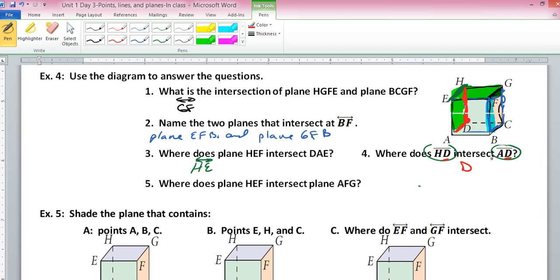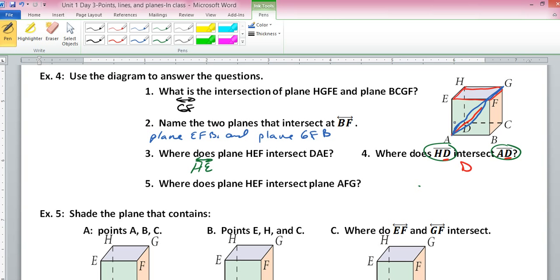And the last one, where does HEF intersect plane AFG? This is where it's a little difficult. If I look at HEF, that's this plane here. But then AFG, and let me do a different color. What you have to understand is it slices through the box on a diagonal, and that's kind of hard to see.